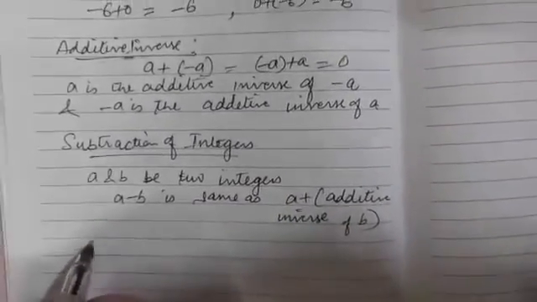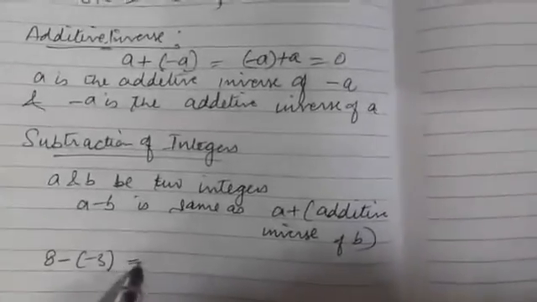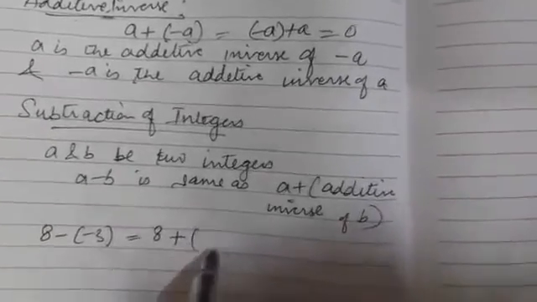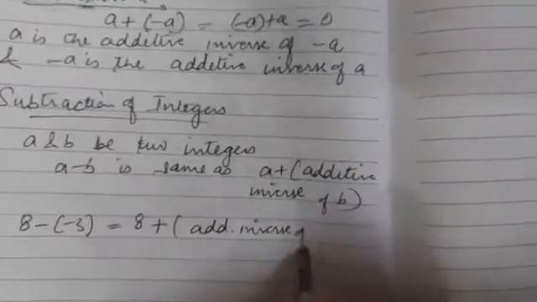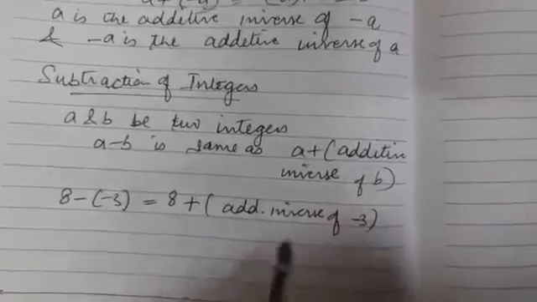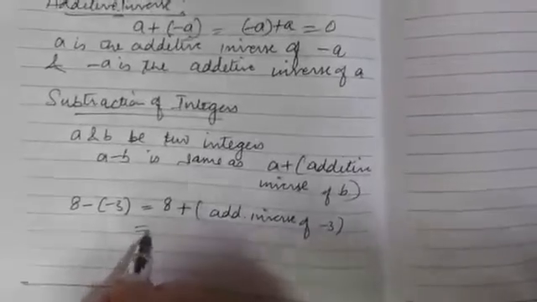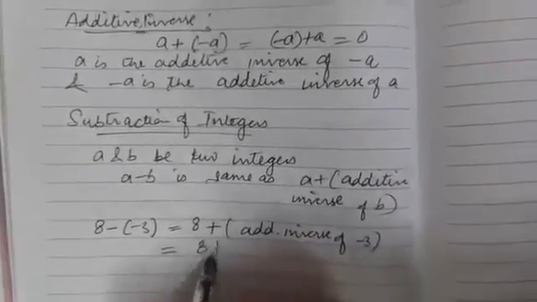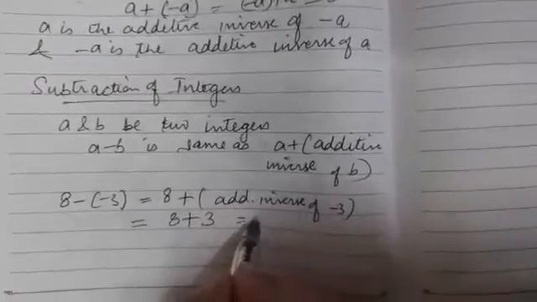Suppose we have the example 8 minus (-3). We write it as 8 plus the additive inverse of -3, because -3 is the additive inverse of 3. So 8 plus the additive inverse of -3, which is 3. 8 plus 3 is equal to 11.